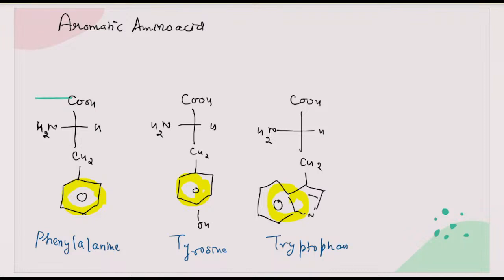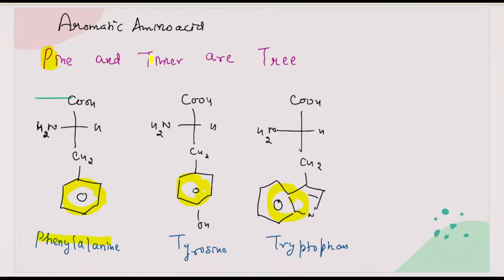There is a mnemonic device. So how about that? Pine and timber are trees. So you are observing P for pine, P for phenylalanine.